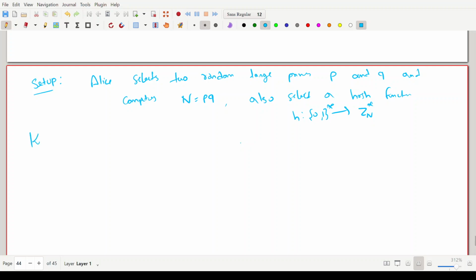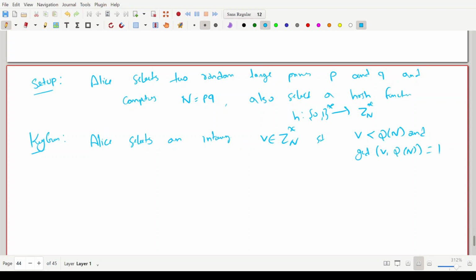Now what is the key generation? For key generation, it is similar to the RSA crypto system. Alice selects an integer v which belongs to Zn* such that v is less than phi of n, and GCD of v and phi of n should be 1, where phi n is the Euler totient function.